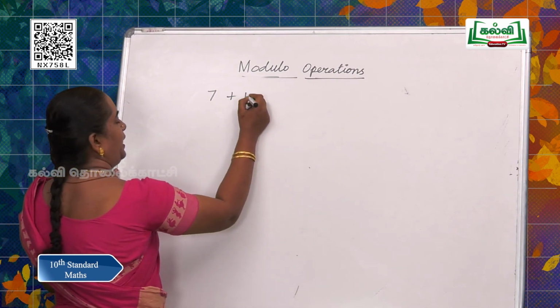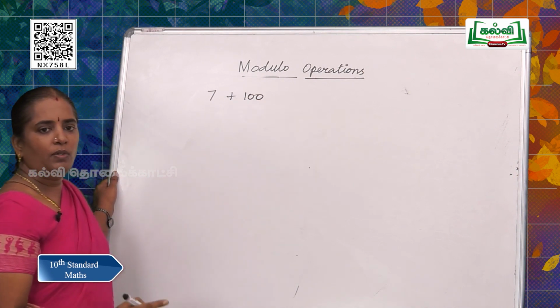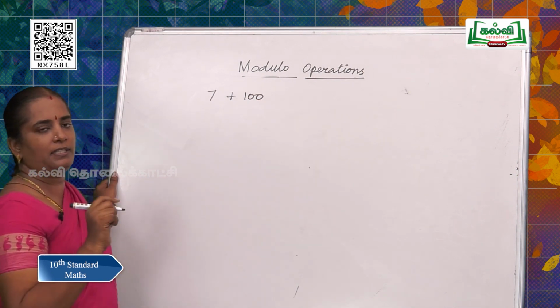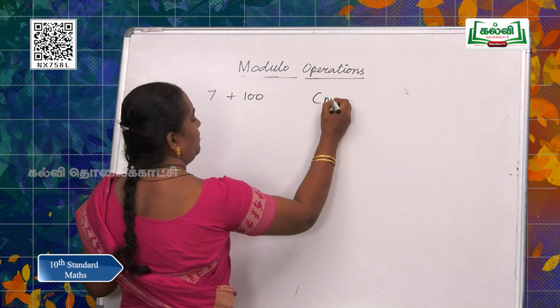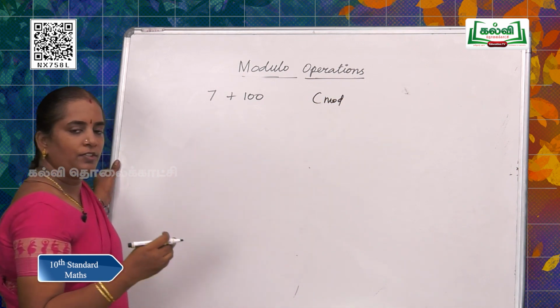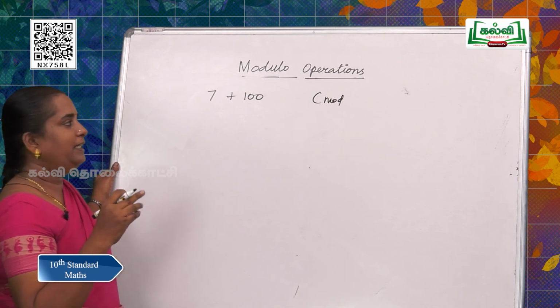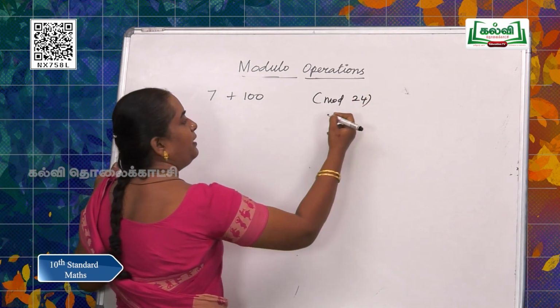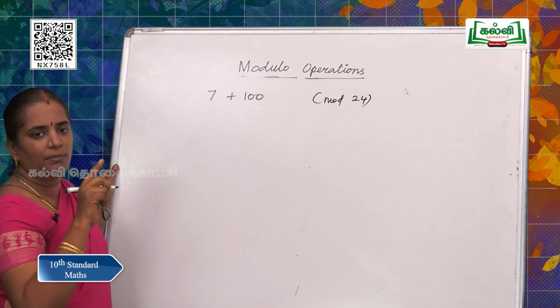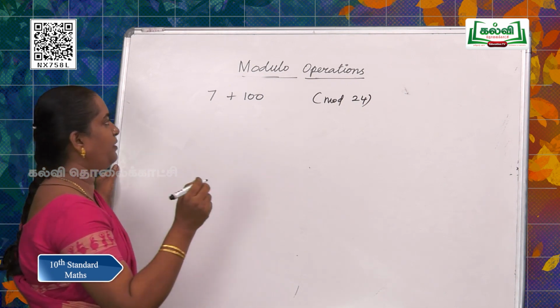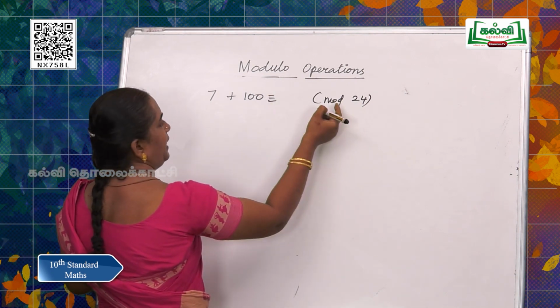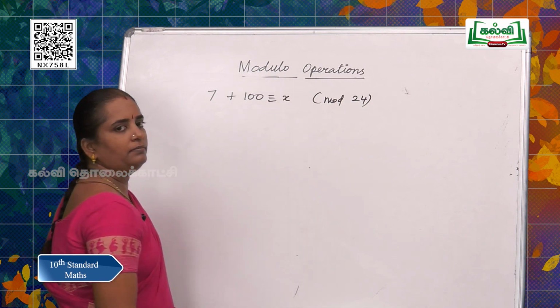So, we are going to add 100. What is the time? So, time is asked. So, time should be in mod 12 or 24. Shall we take 24? Because if you take 24, we will be saying whether it is AM or PM. That will be easier for us. So, we are going to take it for 24.